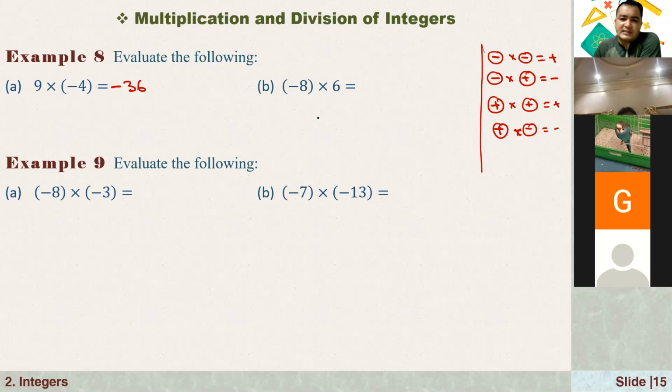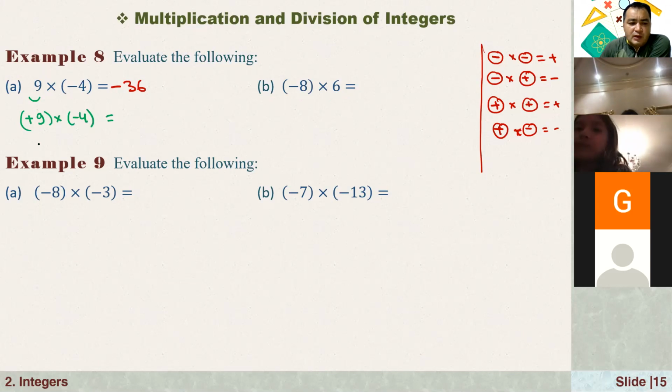Nazlı, your turn. What is negative 8 times 6? I said negative 36, but 9 is bigger than 4, so it should be positive 36. No, what is 9? It is positive 9, right? Here we have positive 9, and here we have negative 4. And what is positive times negative? That is negative. 9 times 4 is 36.